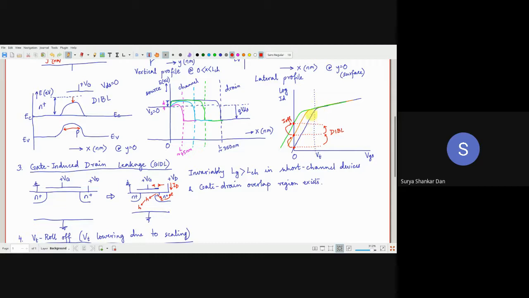Now, the same phenomenon, if we are looking from the VGS side, what is the situation? We will observe that now your VT is somewhere here. Later on, it will be even further reduced.